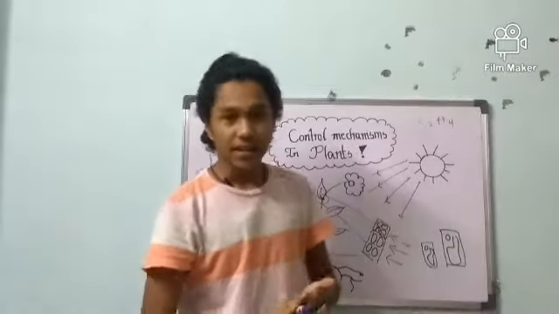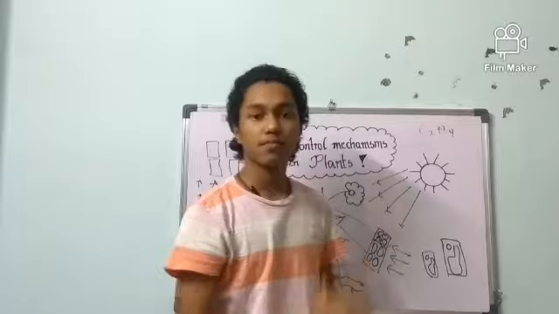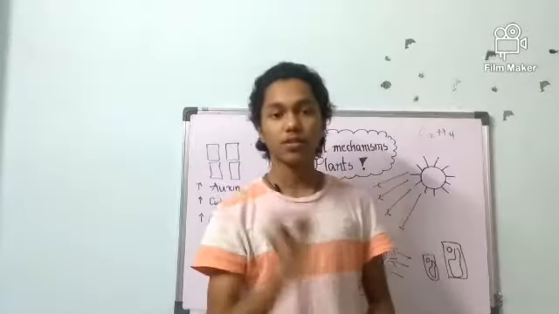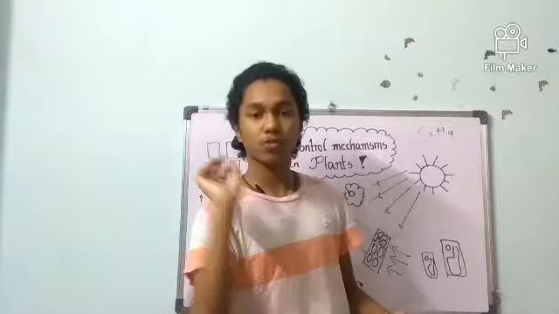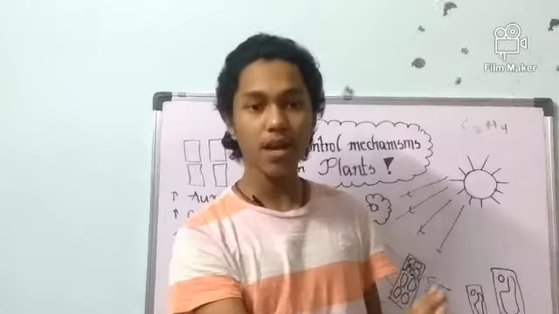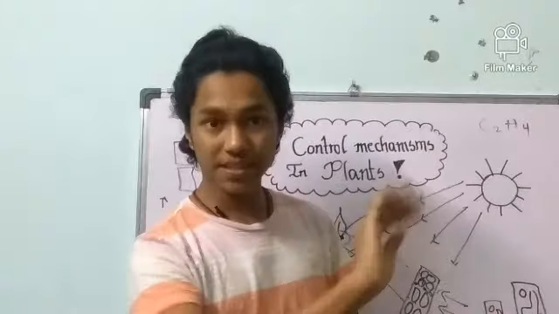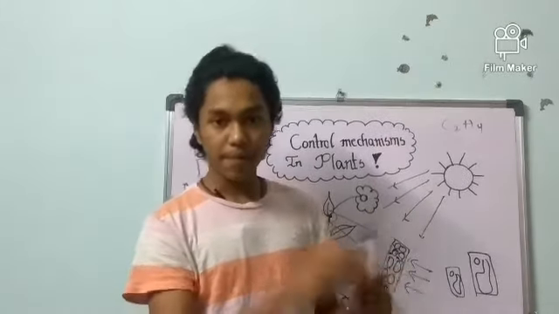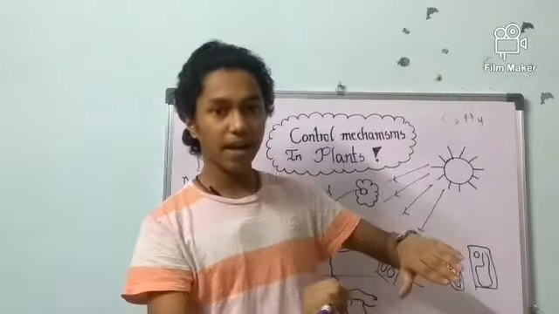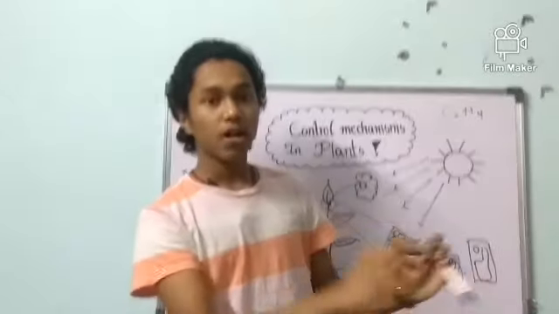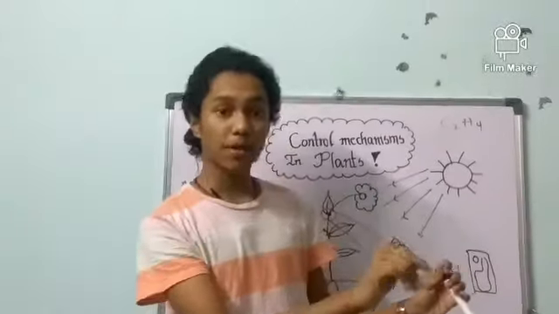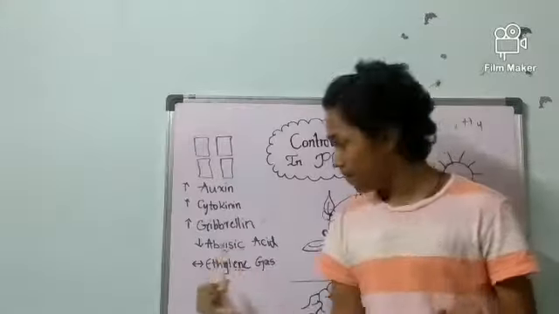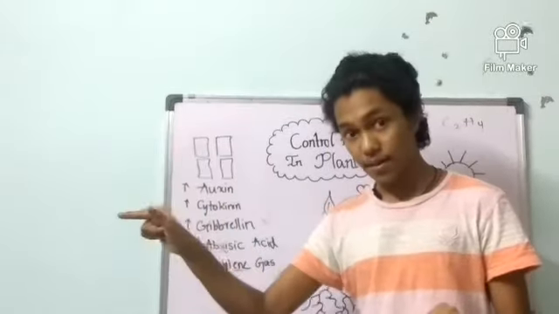So let's assume there are a dozen bananas. One banana is totally ripened and ready to eat. Keep that right beside the unripened bananas. So what this ripened banana will do is release the ethylene gas, which makes the fruit get ripened.